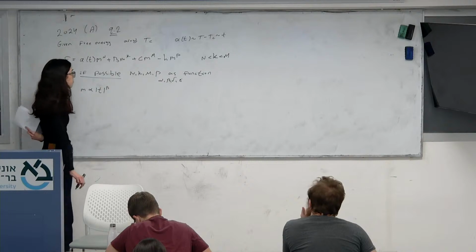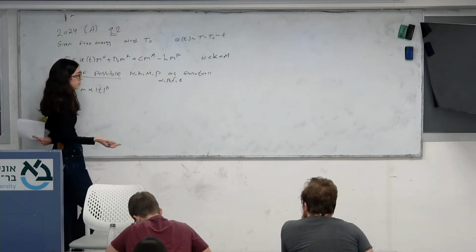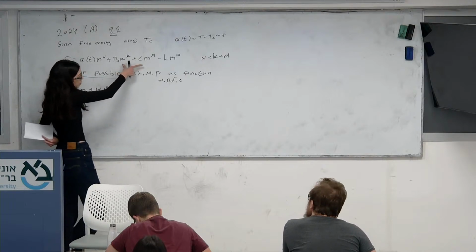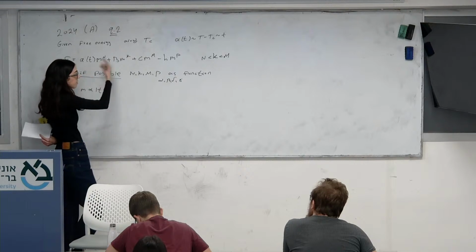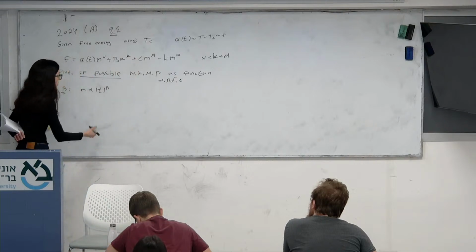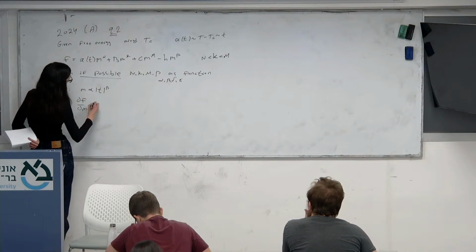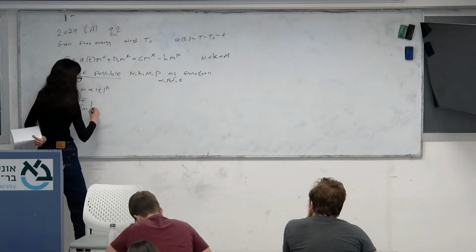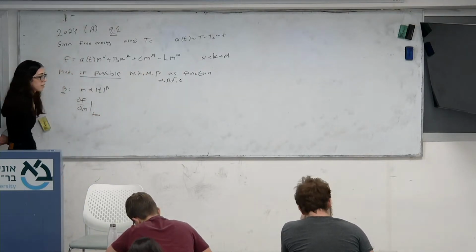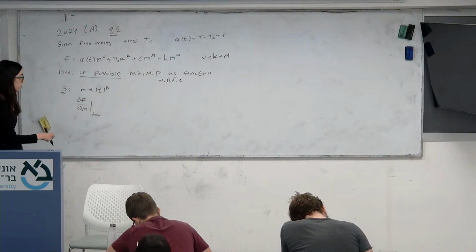Okay, so what we want to do is find the magnetization at the critical point, which means that we want to minimize the free energy, so we take the derivative and compare it to 0, right? So df over dm, and we take the field h to 0, and later we do the opposite, we take t to 0 when we look at the exponent with h.